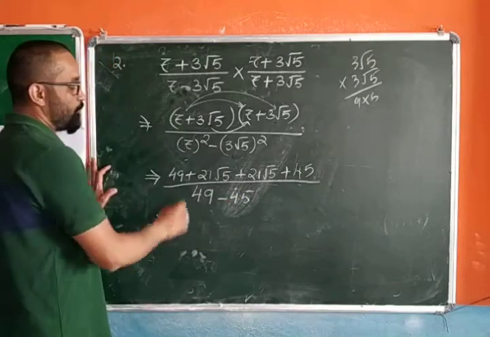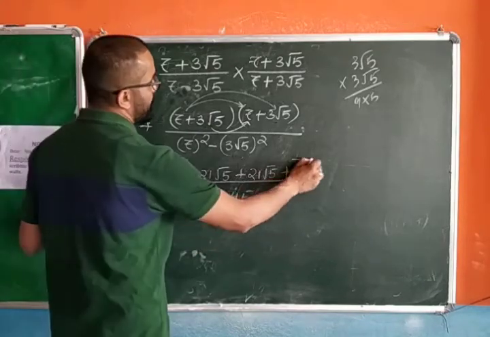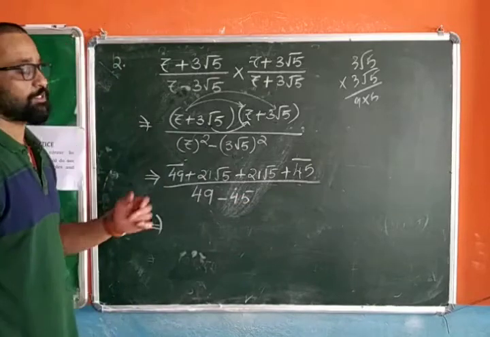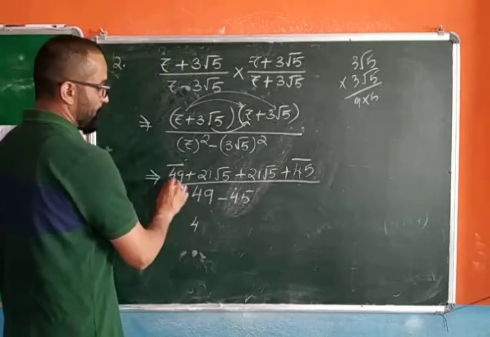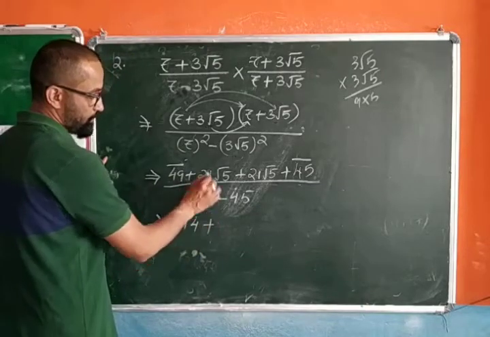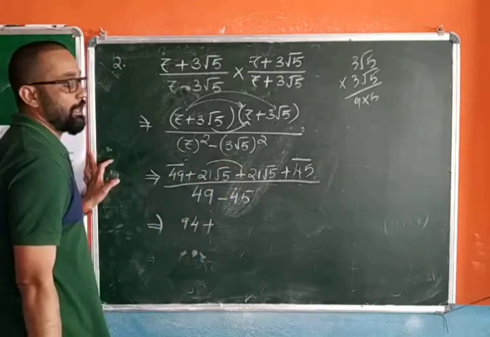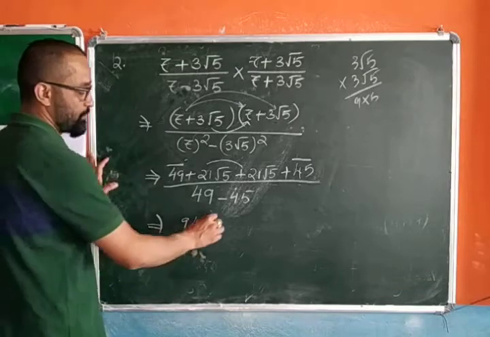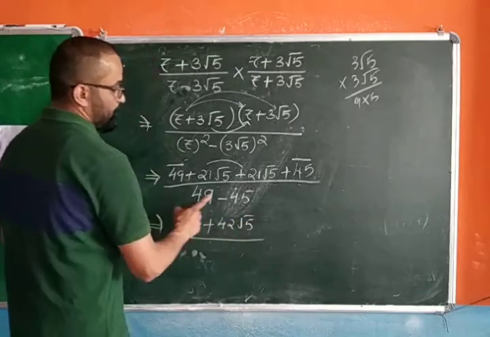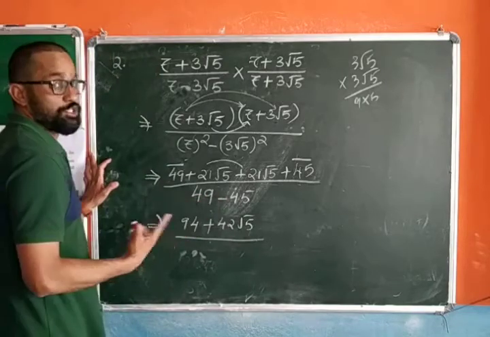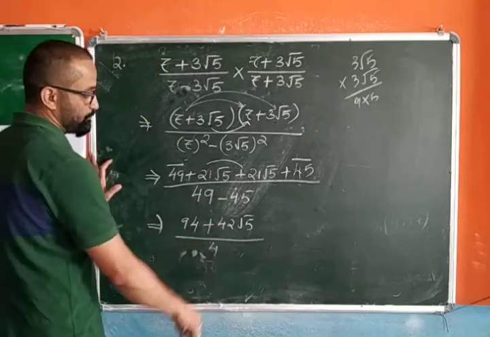Simplification is needed now. 49 plus 45, the rational numbers added up, is 94, plus, these are positive values added up like terms, 42√5. Divide by the subtraction now, it is 4.